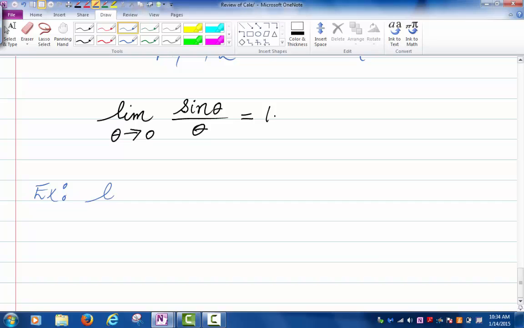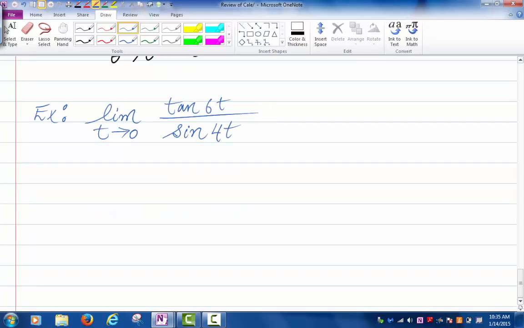So suppose I need to know the limit as t goes to 0 of tangent of 6t over sine of 4t. So how would you find this limit?